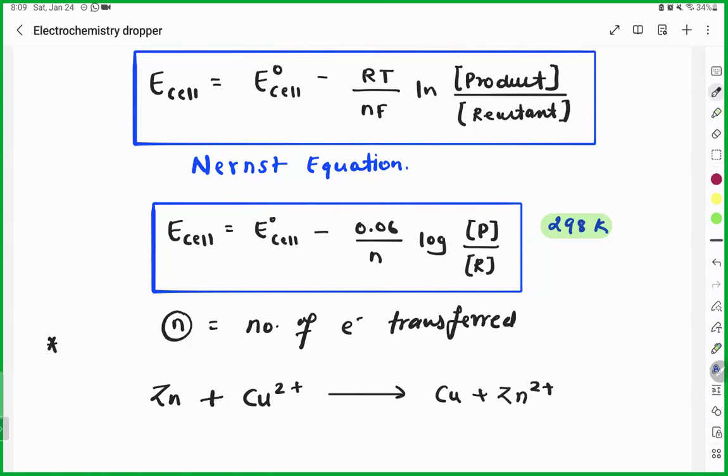Rayan, 0.0591 is the correct value, but for the NEET exam, we don't need this.